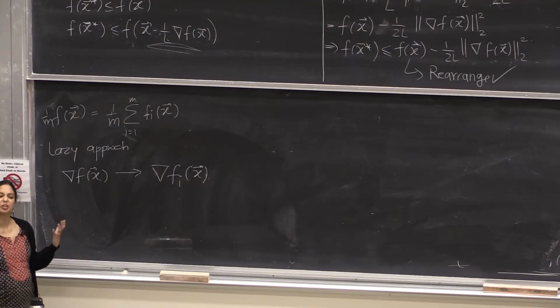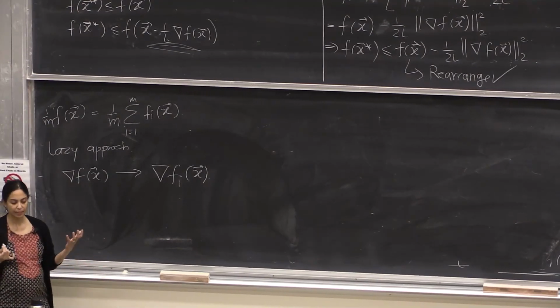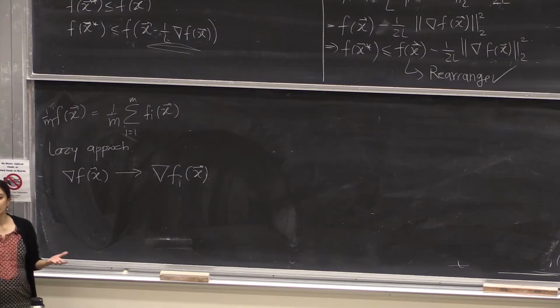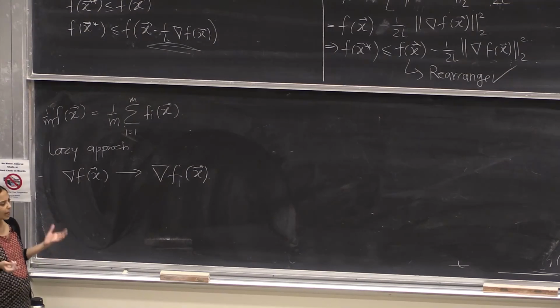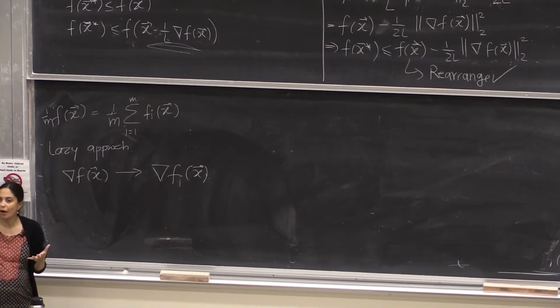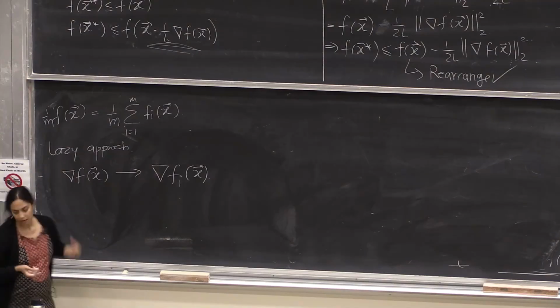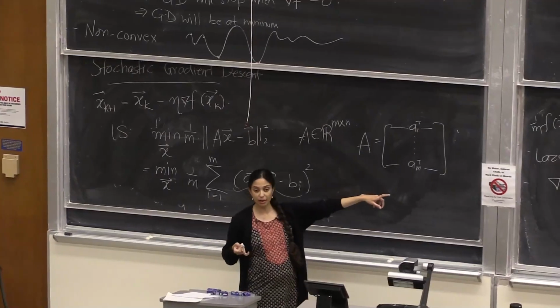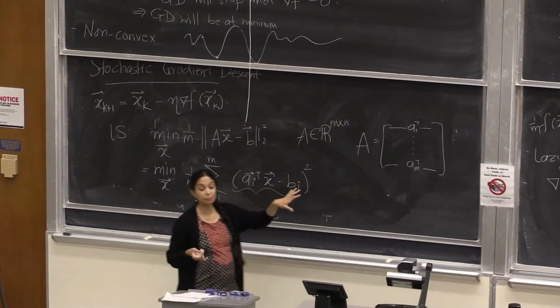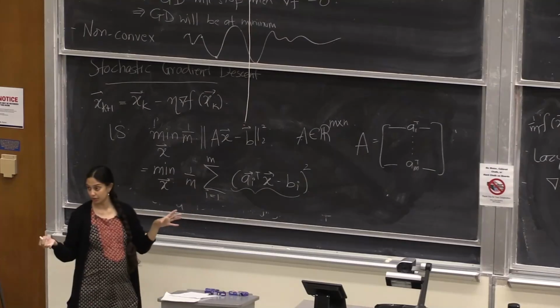What if I just picked one? That's the basic key idea, in some sense, behind stochastic gradient descent. Can you just go in the descent direction that is given by a partial part of your loss, right? And you can see that, for example, in the least squares example, computing this gradient of f_i of x is cheaper than computing the whole gradient, right?